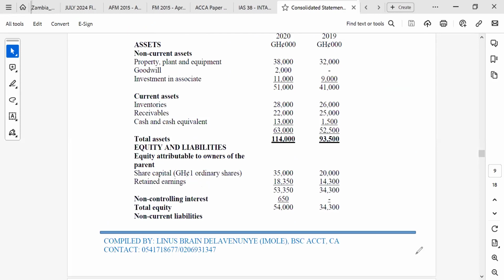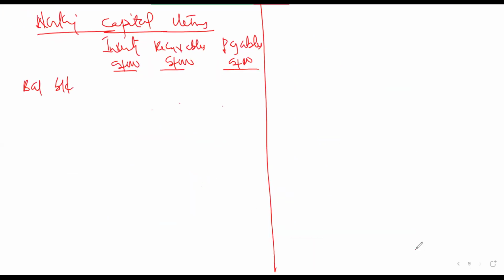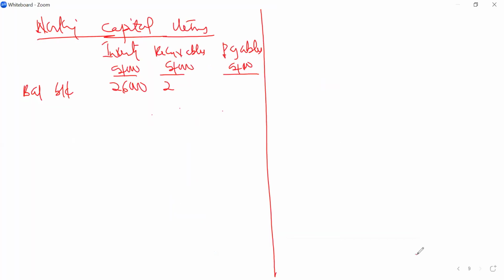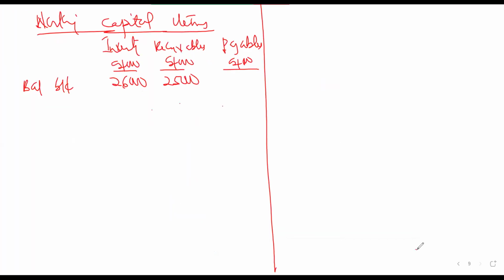So we have the balance go down for inventory of 26,000. What is the opening balance for the receivables? Okay, that will be 25,000. What about the payables? The opening balance? 1,500.